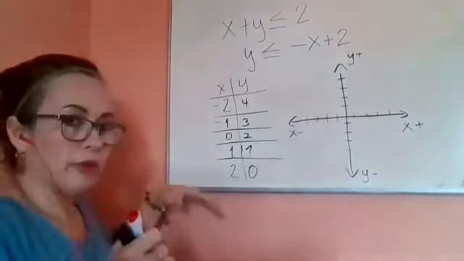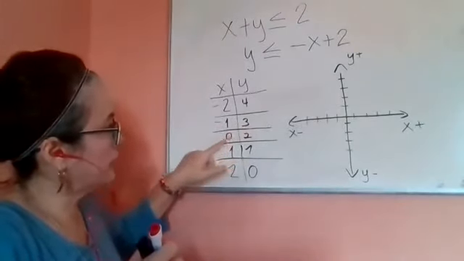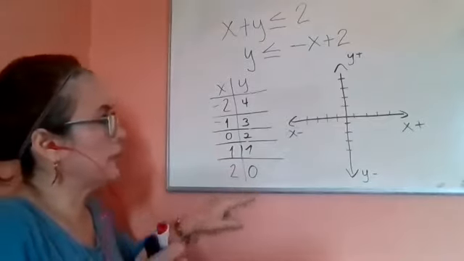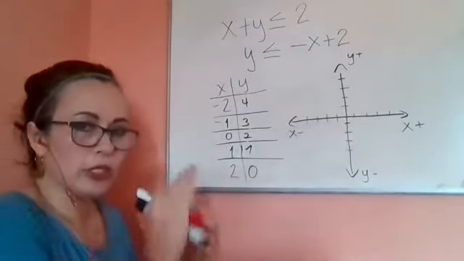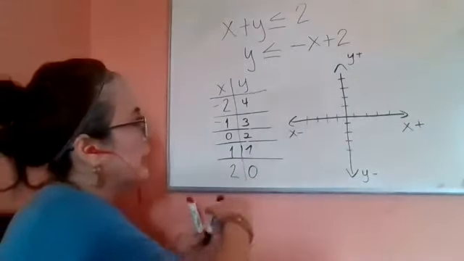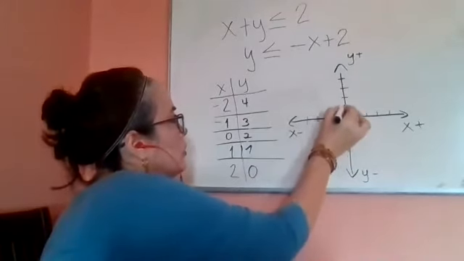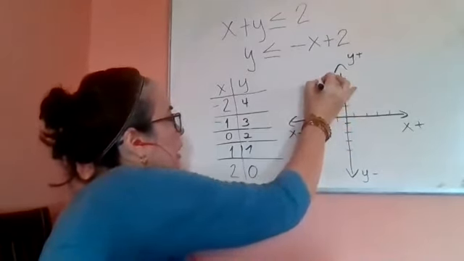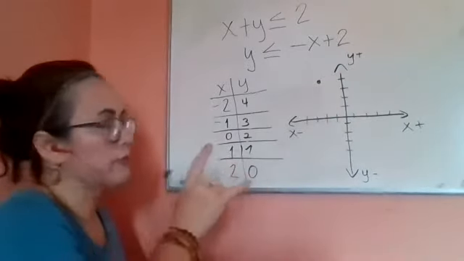Remember that we have the table over here. I'm going to do the graph for each one of the points, and then I'm going to shade the answer. So let's do it. I label the signs for the x and the y, so you remember.